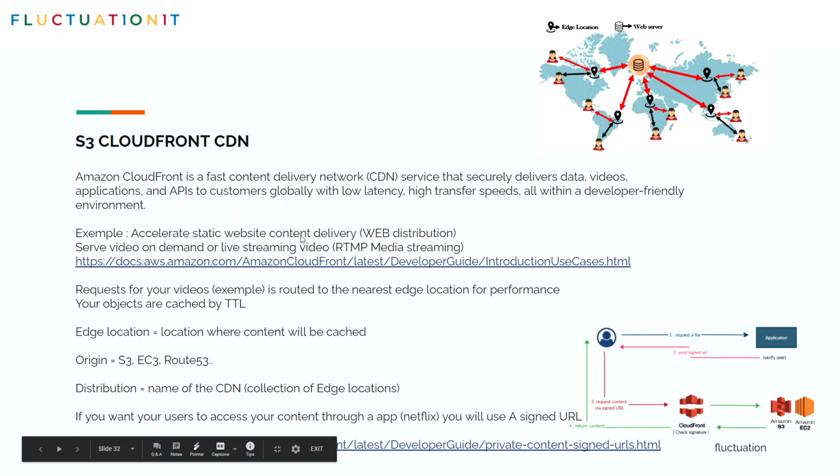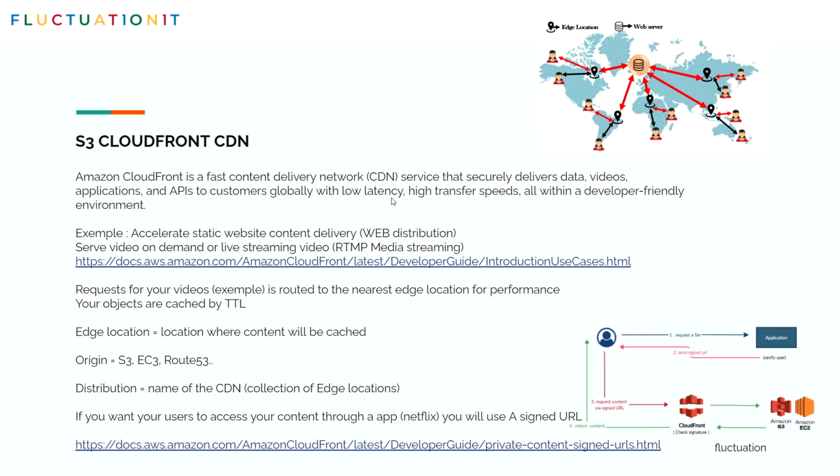Another important thing is that a lot of people ask me how it works if I pay for something. Of course, if you want your users to access your content through an application like Netflix, you will use a signed URL. A signed URL is when a user wants to request a file. For example, he goes on Netflix and says, I want to see this movie. The application will check if you have a username and password, if you have bought a subscription.